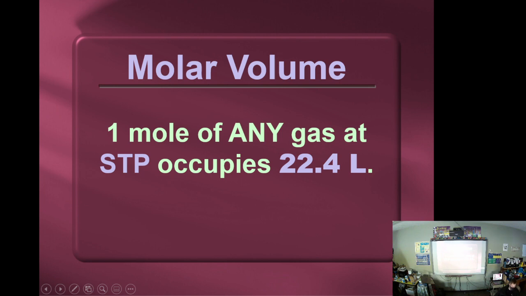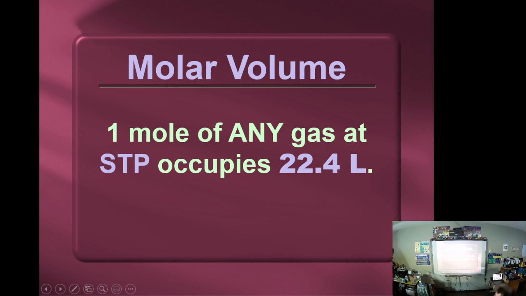Now you might be confused from this, so let me try to explain. A mole of hydrogen gas at STP occupies 22.4 liters of space. You follow me? A mole of oxygen gas at STP occupies 22.4 liters of space. A mole of nitrogen gas at STP occupies 22.4 liters of space.